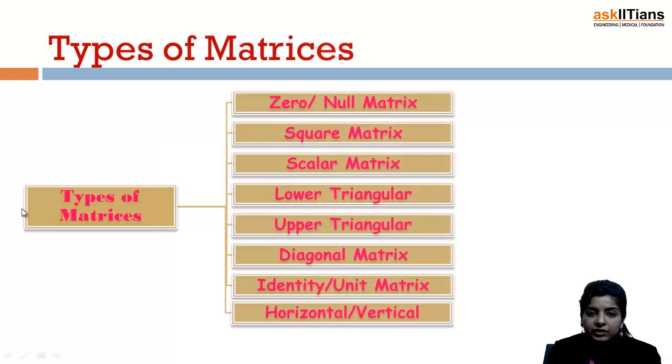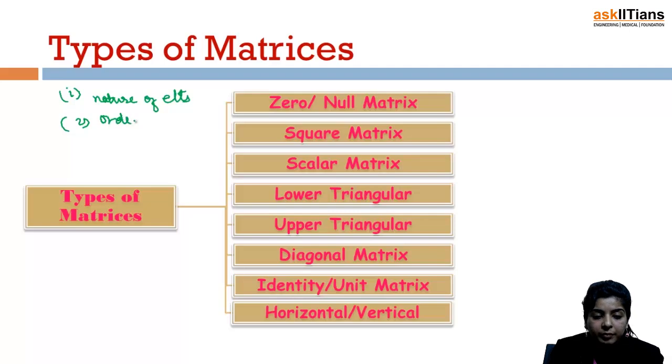Okay, next we have the types of matrices. When we talk of types of matrices, this is basically on two bases. Either it is on the basis of the nature of elements in a matrix, or it is on the basis of the order of a matrix, right? So what are the main types?